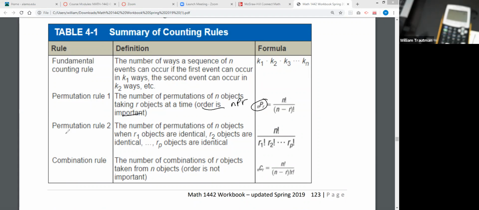Then we have the arranging letters rule: the total letters divided by the repeating letters, how many times they repeat. And then we have combination, where order does not matter.